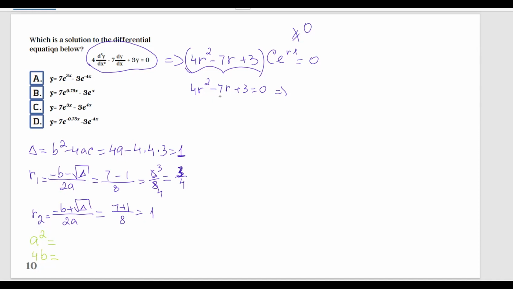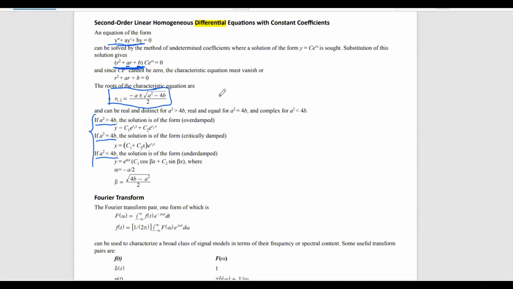Now pay attention. We have done the second degree equation for which this is A, this is B, and this is C. Now looking at this second order linear homogeneous differential equation, this is A and this is B. So let's not confuse this.